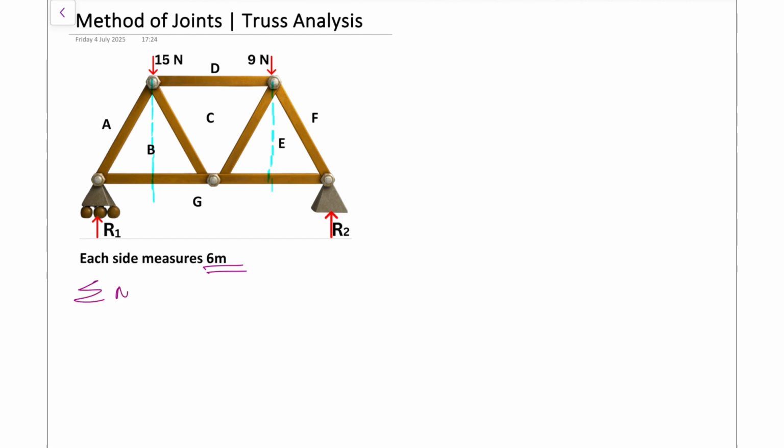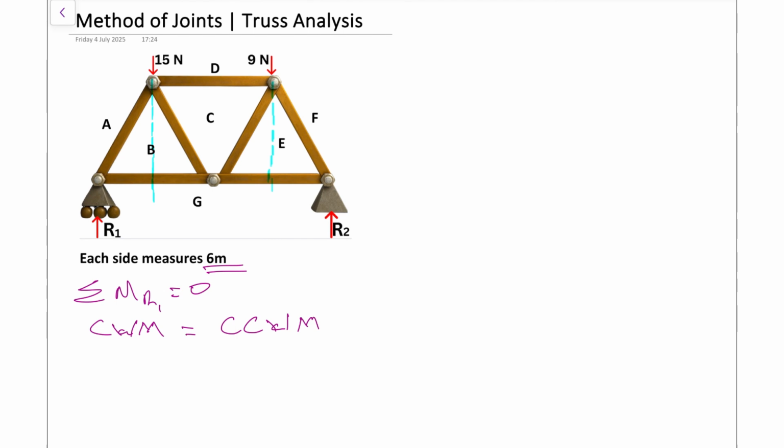So that's our sum of the moments at R1, which should be equal to 0. Now, clockwise moment should be equal to our counterclockwise moment.